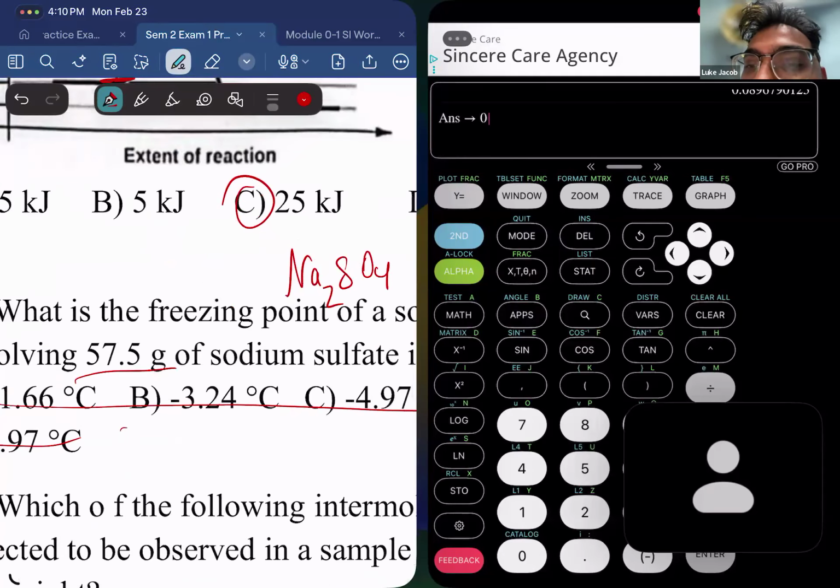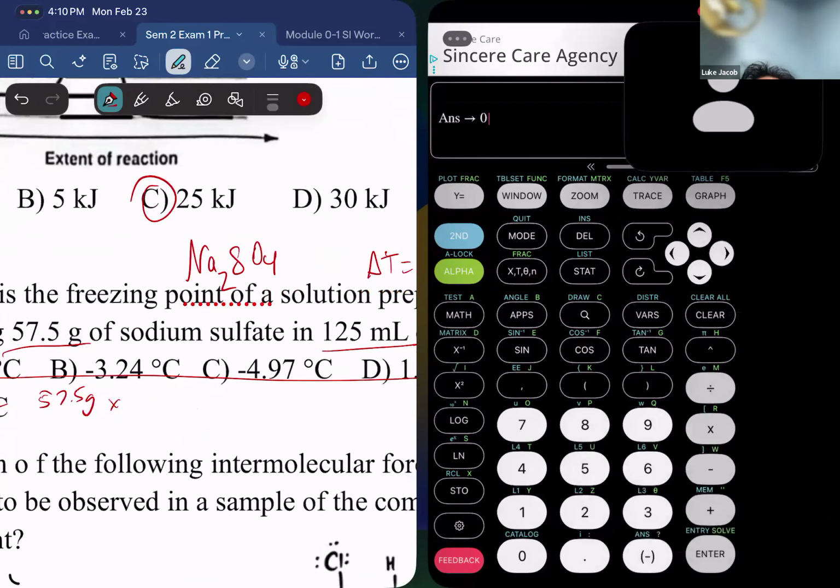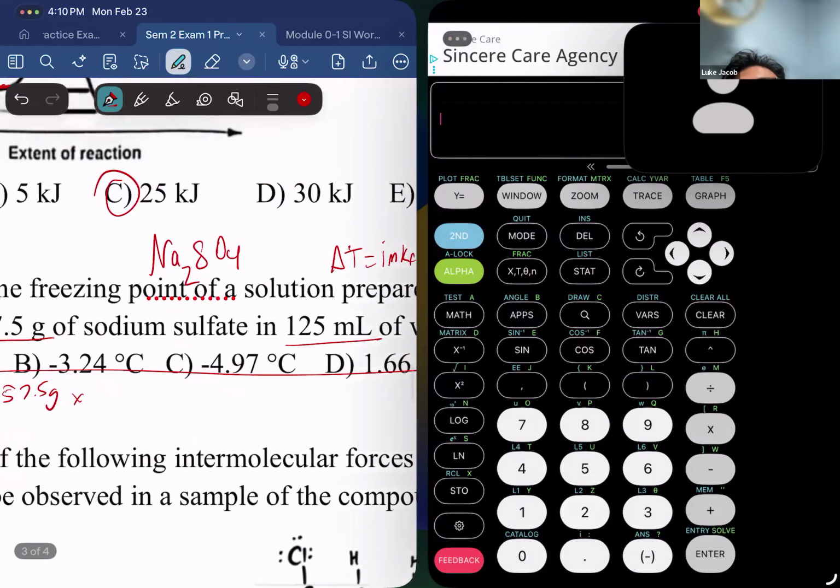Let's figure out the moles. 57.5 times... So sodium sulfate in this case, I memorized most of these atoms' molecular weights, so 22.99 times 2 plus 32.06 plus 4 times 16, right?